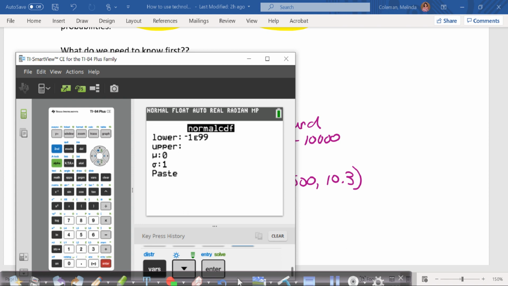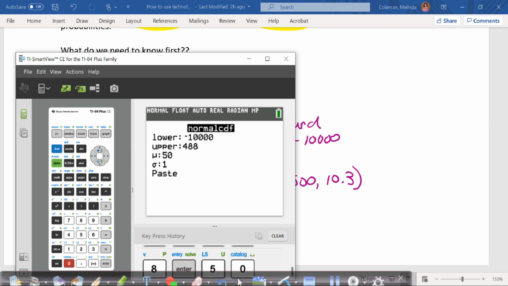And again, here's what we talked about by default. That's negative 1 times 10 to the 99th power. So that means move that decimal point from behind the 1, 99 places. That's a lot of decimal places. We don't need that. You can leave it if the default makes you happy, but if you want to change it to negative 10,000, you can also do that. Choice is yours. The upper value in this case, we said, was 488.